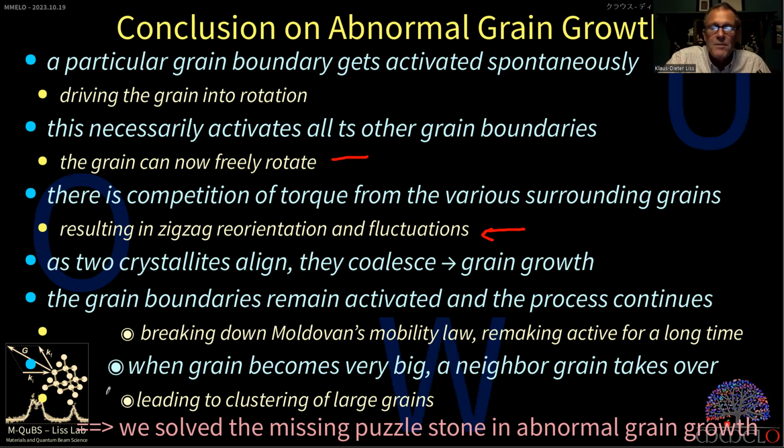And when the grain becomes very big, then of course there's too much competition with other grains. It may not rotate anymore. The grain boundary reorientation slows down, but the neighbor grain still has an activated boundary, and that can take over, leading to clustering of large grains, which is often observed in these materials.